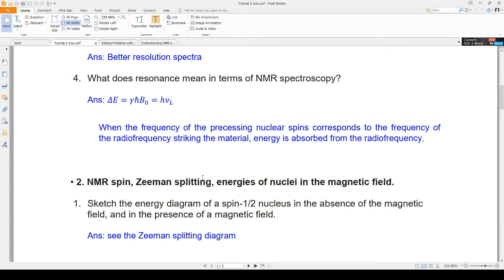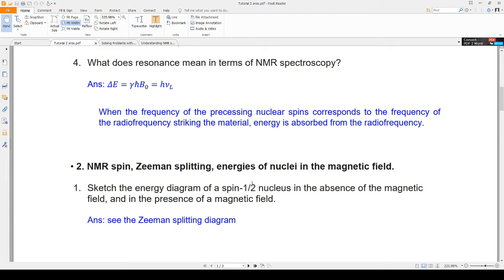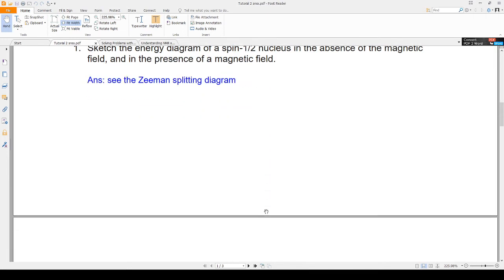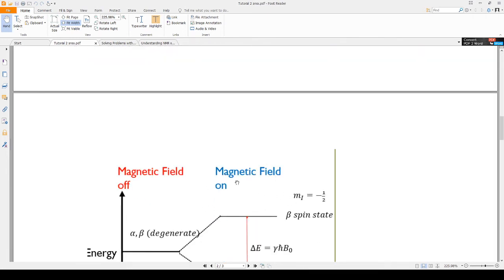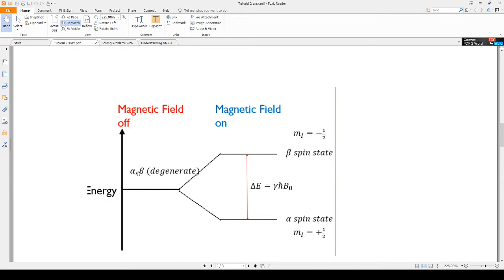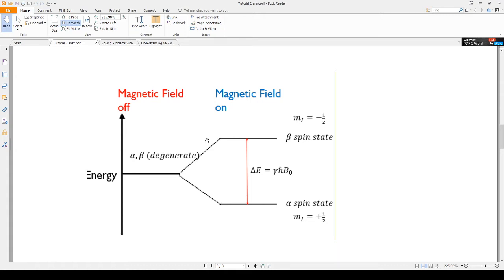Okay, so sketch the energy diagram of a spin half nucleus, because our focus has been on spin half, which is the proton, in the absence of magnetic field and in the presence of magnetic field. Clearly, this is asking you to sketch the Zeeman splitting diagram. This is when there's no magnetic field, and this is when there's an applied magnetic field. One of the things students miss is writing the details when they sketch.